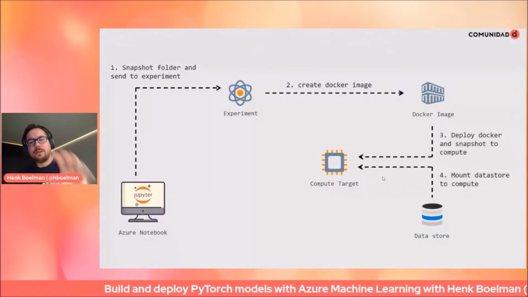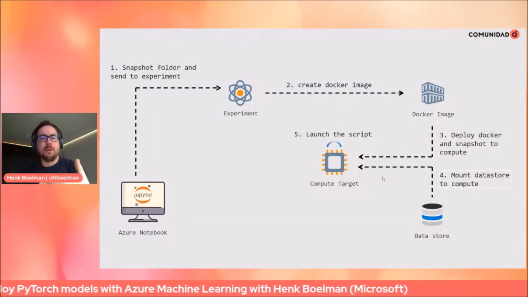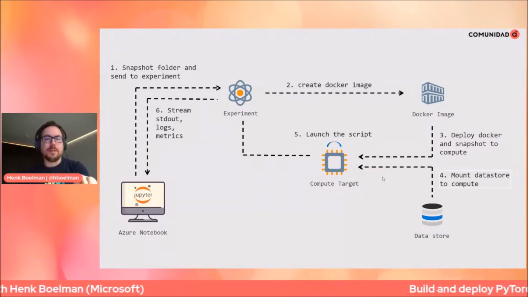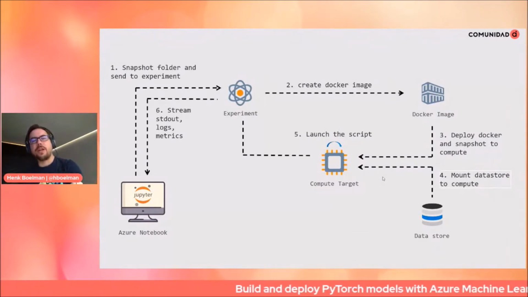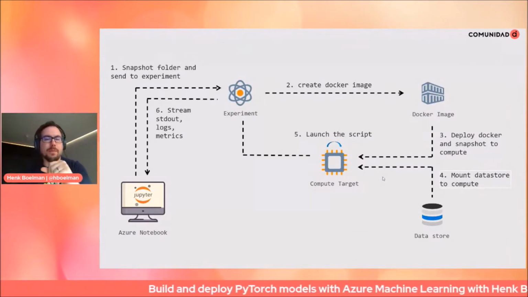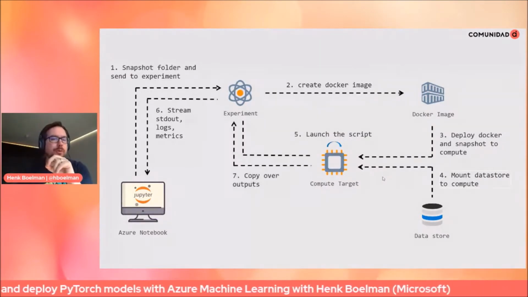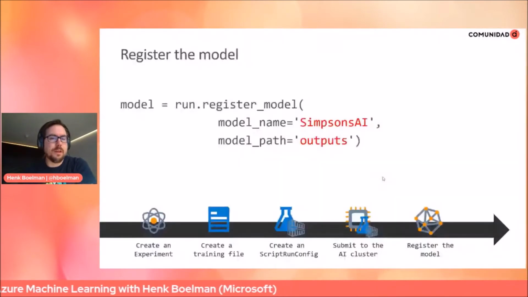Our data store is mounted. A training script has been launched. And while the training script was running, it sent all the metrics back to the experiment. Because I had that widget, I can connect to the experiment and see what was going on. And finally, it copies over everything in the output folder and stores that in the experiment.